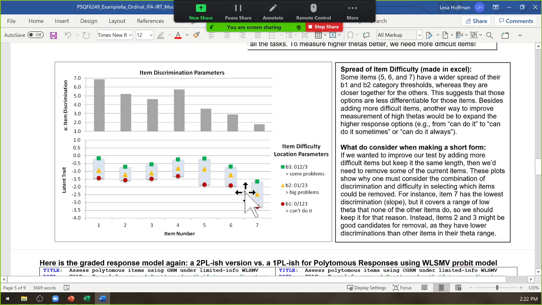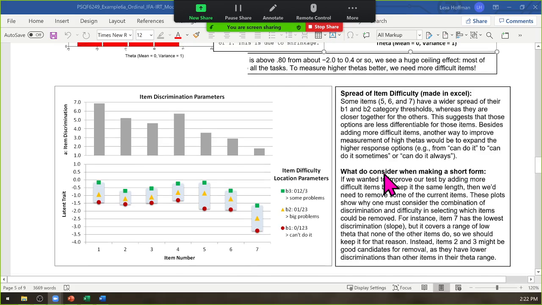One is the location overall of the items. The green, the top of the difficulty values here, none of them is above a theta of 0. That means that people who have above average ability have no choices to make for these items. They can do everything.